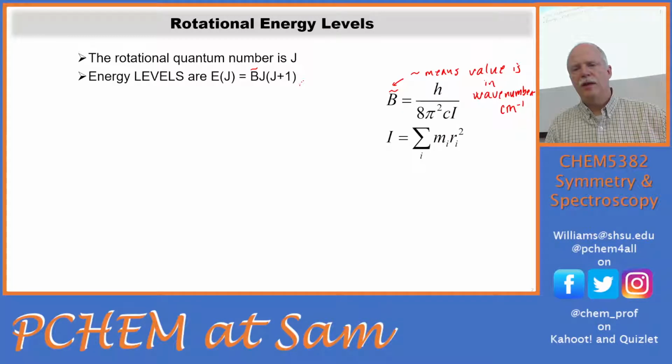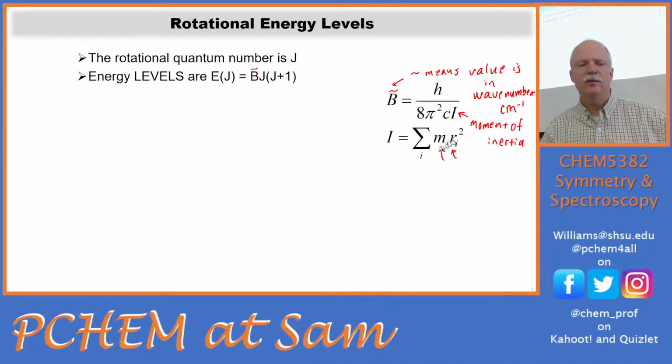Now, this rotational constant is a structural parameter. You have Planck's constant, pi, the speed of light, but right here, this is the moment of inertia. And that's where the masses and the bond lengths are, or rotational lengths.